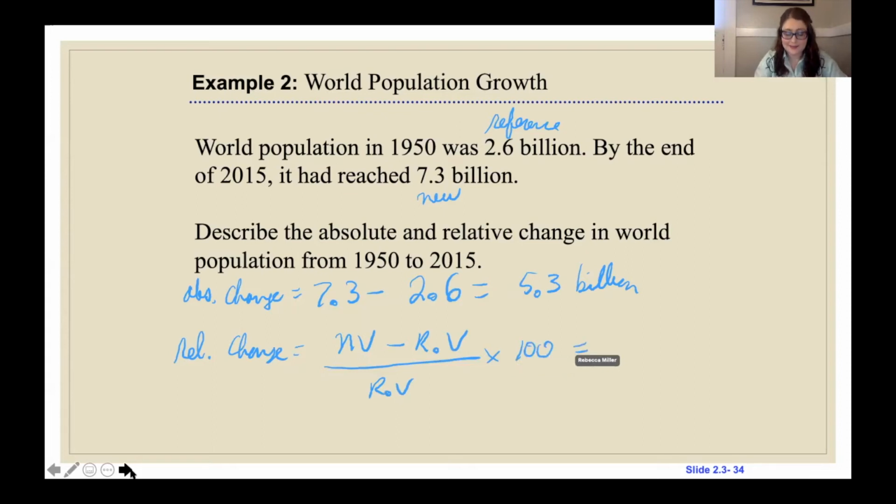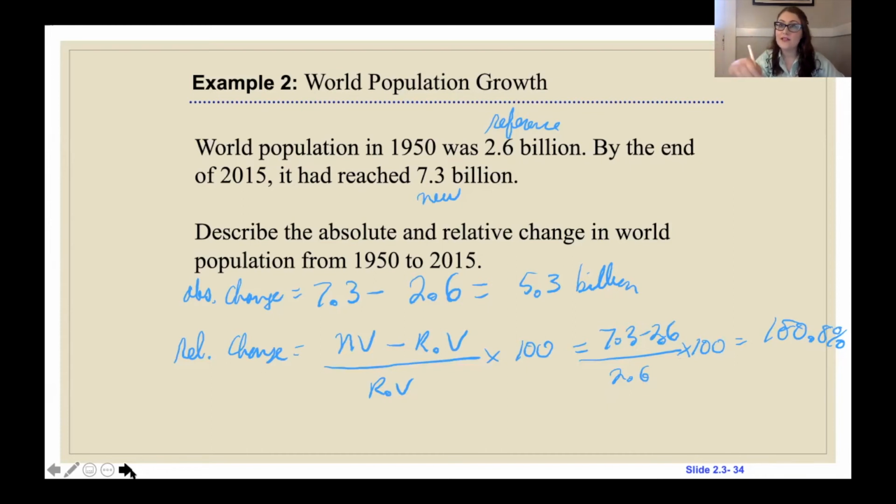That gives me 7.3 minus 2.6 over 2.6 times 100, which gives me 180.8%. Now in this course, unless it states otherwise, just go ahead and round to the tenth. That's my preference personally. So that's how we calculate the relative change.